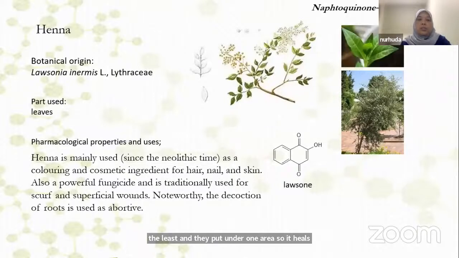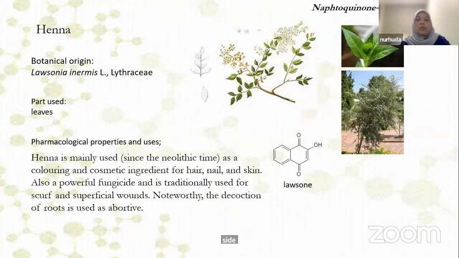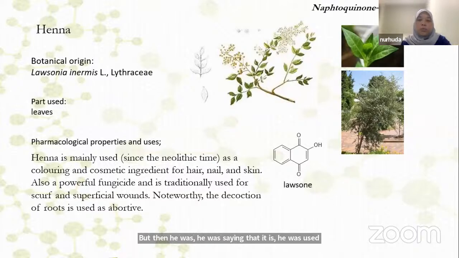It contains lawsone. This lawsone is actually the fungicide component, but it was said that it was used as an abortive, but we do not know because we don't use this for that purpose here.